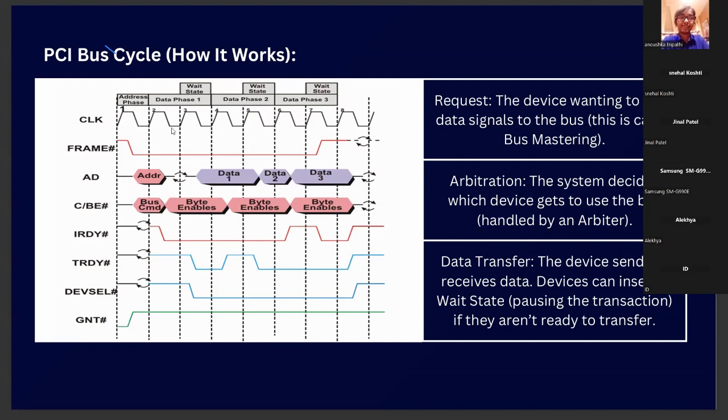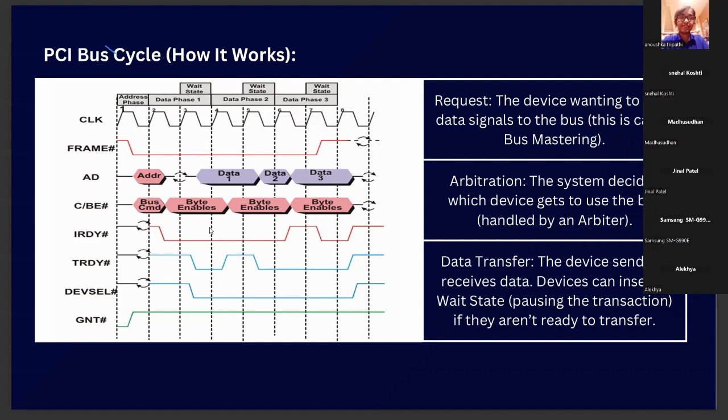So in PCI we send address and data at the same time on the same bus, as shown here. And here we have bus CMD, which means read or write, and byte enables, like how many bytes we are sending. Then IRDY means initiator ready.